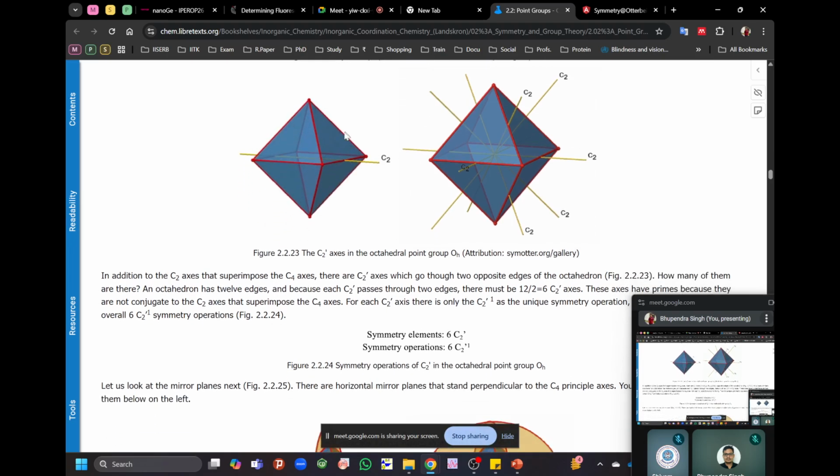So C2 is this. C2 is like this. You are flipping this octahedral by 180 degree. Look at the animation. Okay. So how many C2s will be there? If you closely look, this is passing from the middle of the edges.